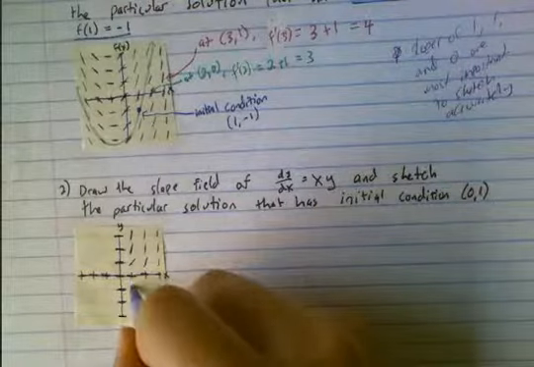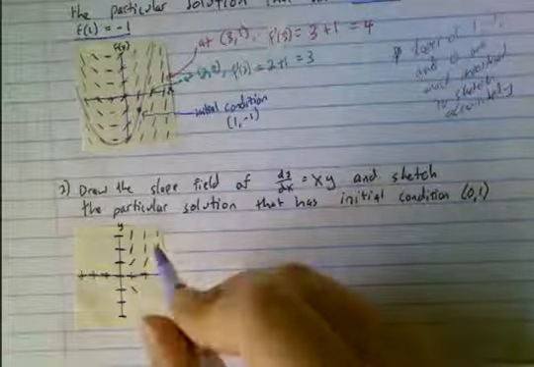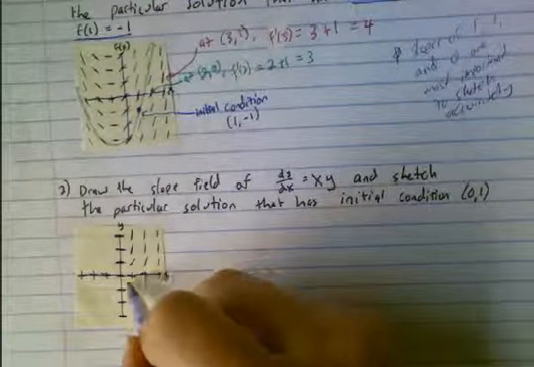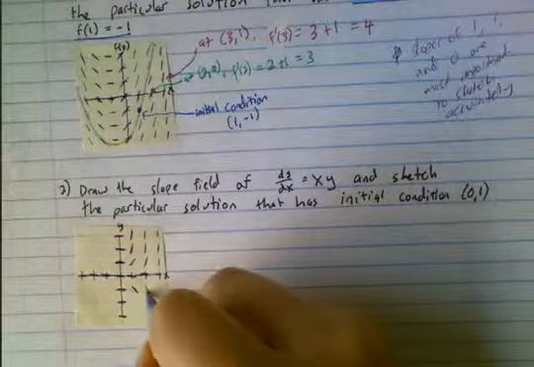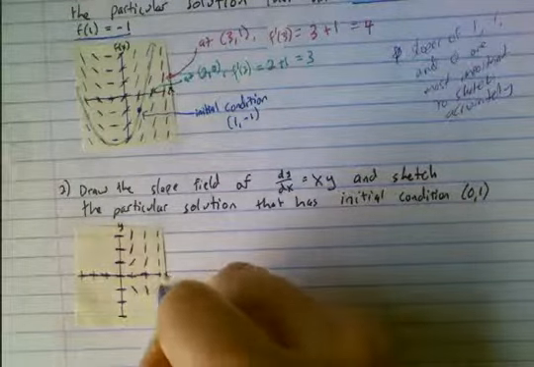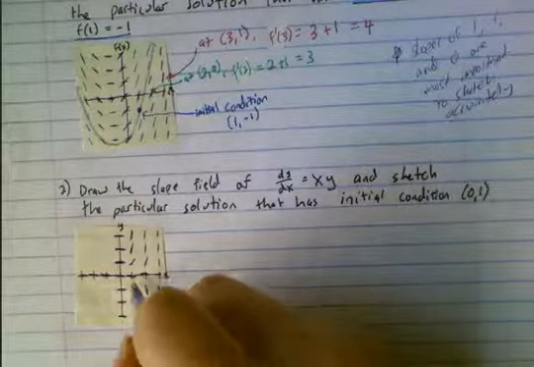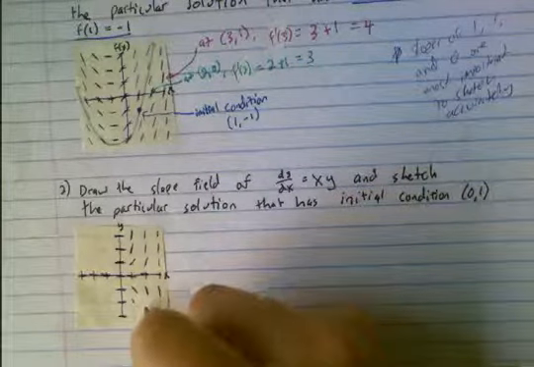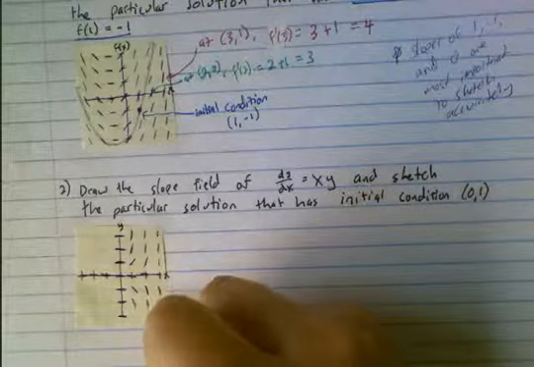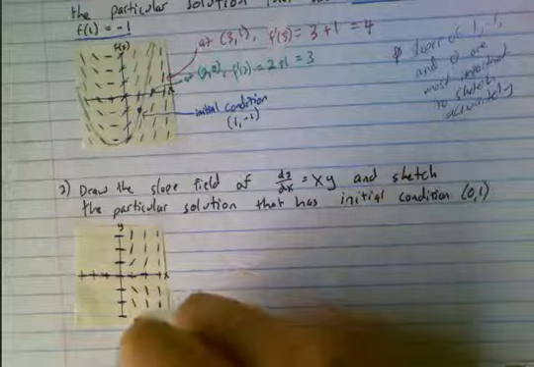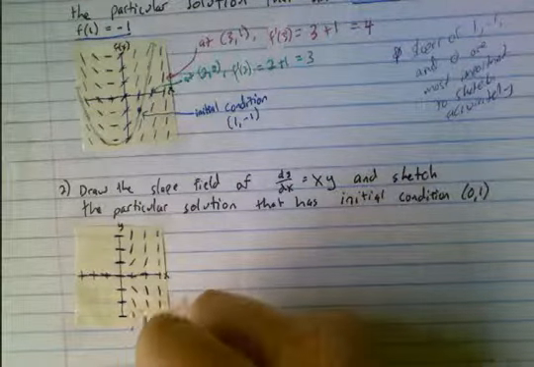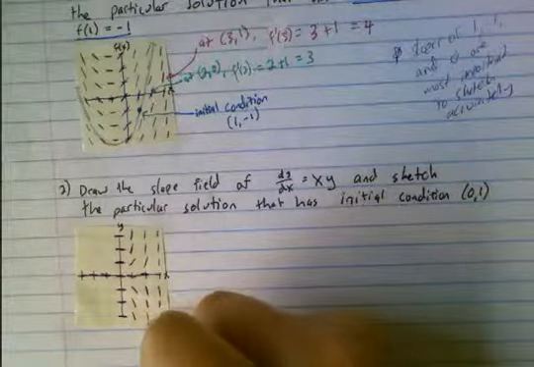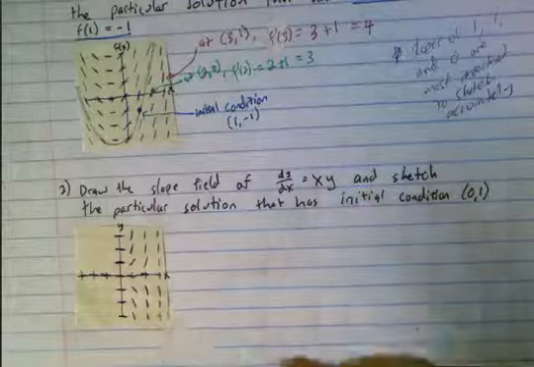1 times negative 1 is negative 1. 2 times negative 1 is negative 2. 3 times negative 1 is negative 3. 1 times negative 2 is negative 2. Negative 4, negative 6. -3, -6, -9.